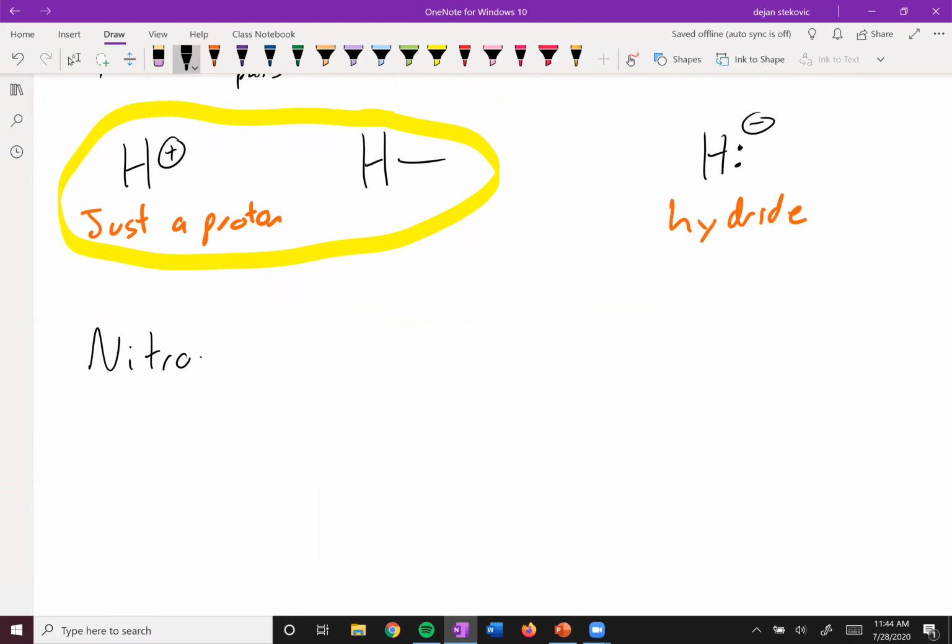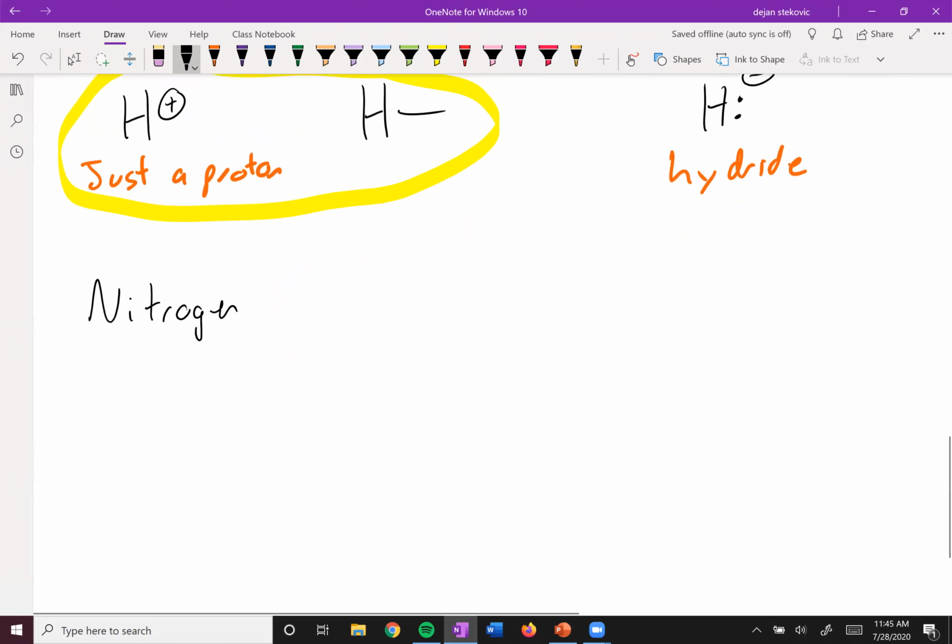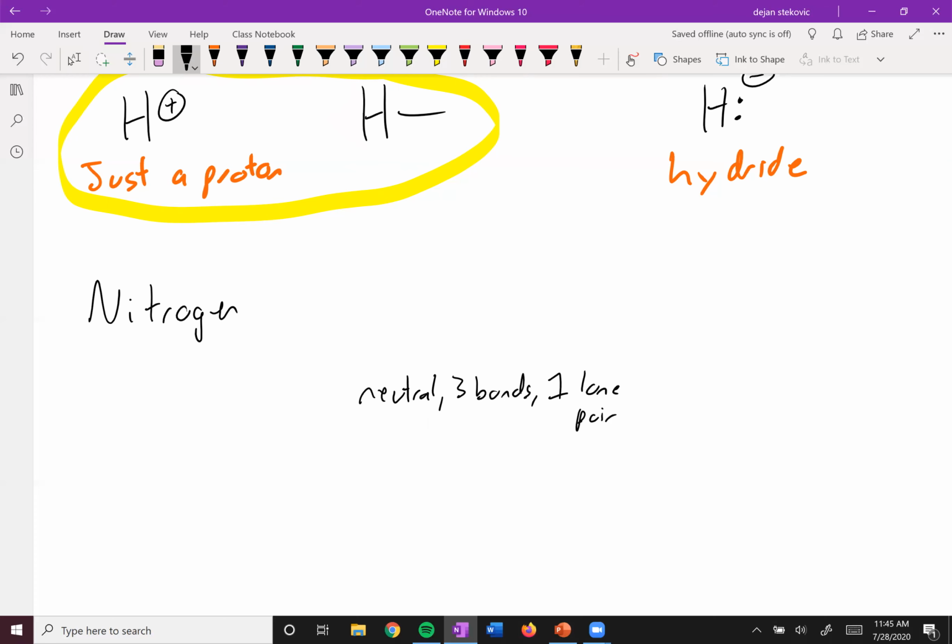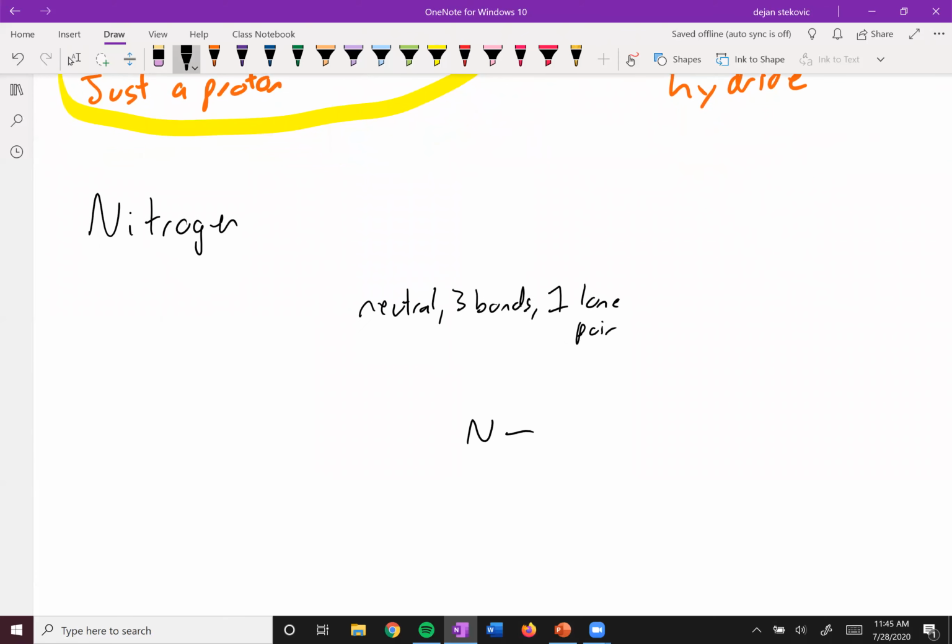Next up, we have nitrogen. Nitrogen in its neutral form has 3 bonds and 1 lone pair. So something like that. It can also be positive. In this case, when it's positive, it's going to have 4 bonds and no lone pairs.